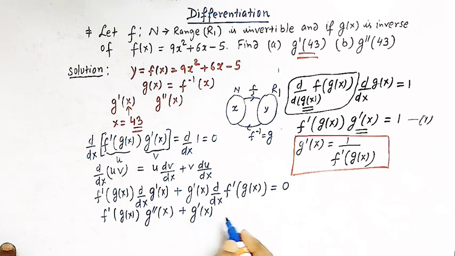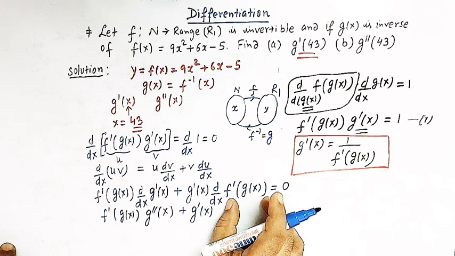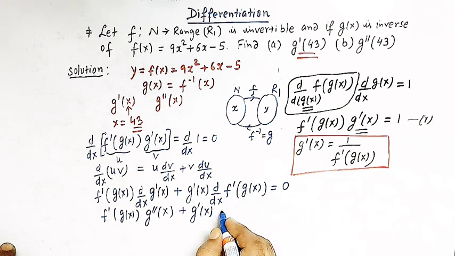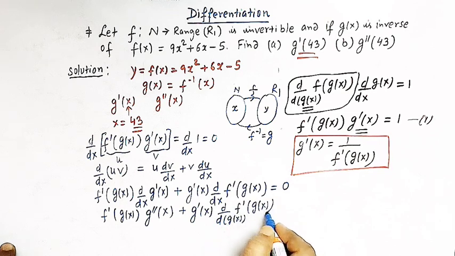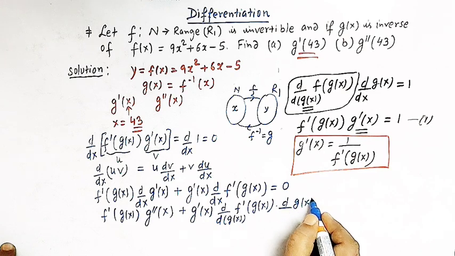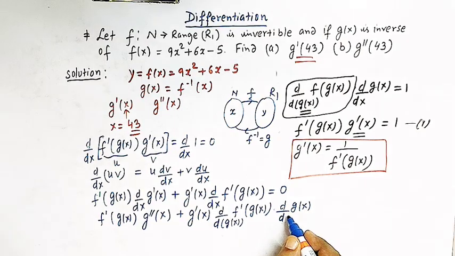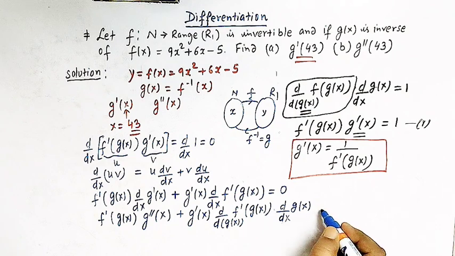g prime of x, and here we can again make use of the chain rule. So first we'll differentiate f prime of g of x with respect to g of x, and then by chain rule we can write here the derivative of g of x with respect to x, and here we have 0.